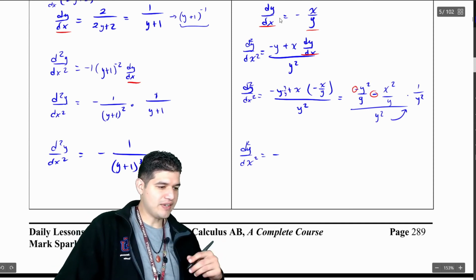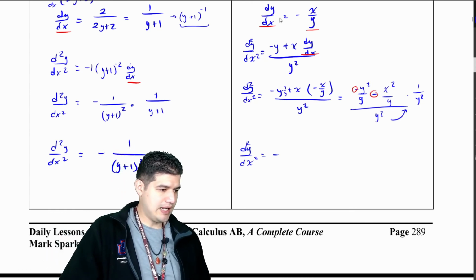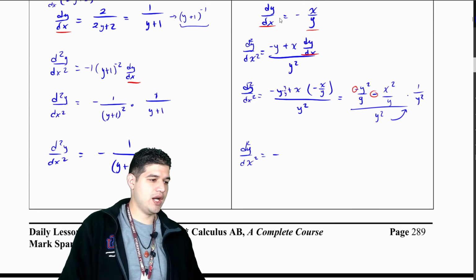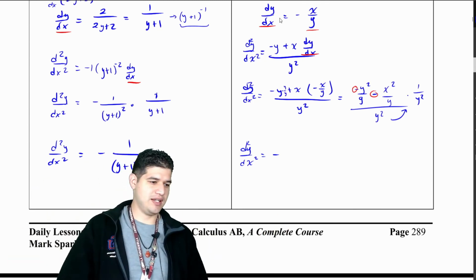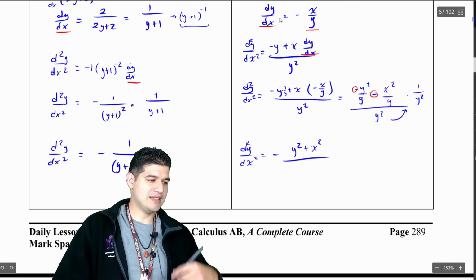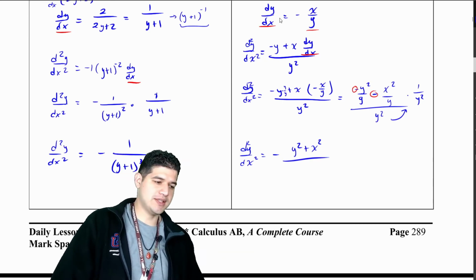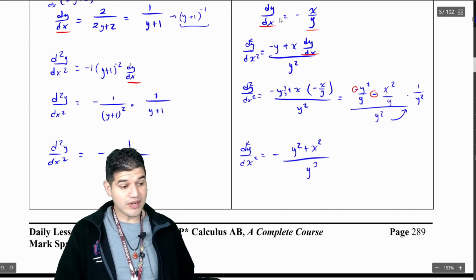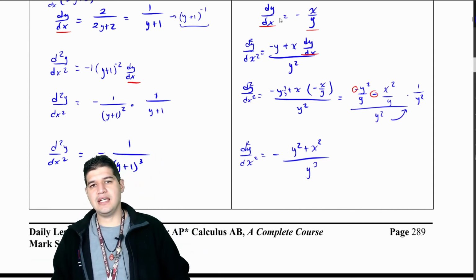All right, so I've got the negative in front of it here. And so now in my numerator, I have y squared plus x squared because I factored out that negative. Now in my denominator, I have y times y squared, which is going to be y cubed. And that right there, again, a very clean final answer.